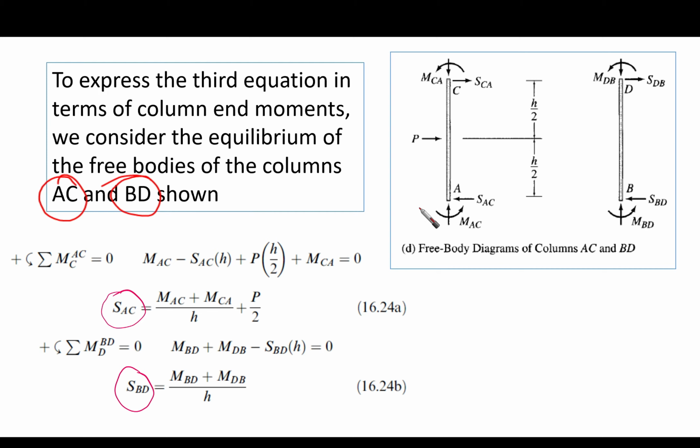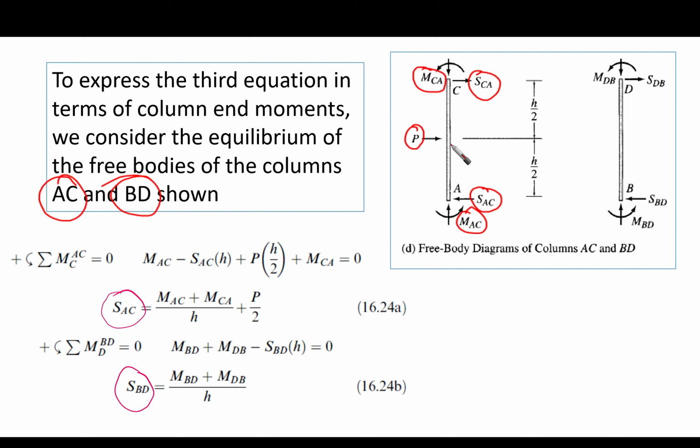When we take the free body diagram for member AC, we have the external force P, and we have the bottom column shear, which is SAC, and the top column shear, which is SCA, and we have the bottom end moment, which is MAC, and the top end moment, which is MCA.